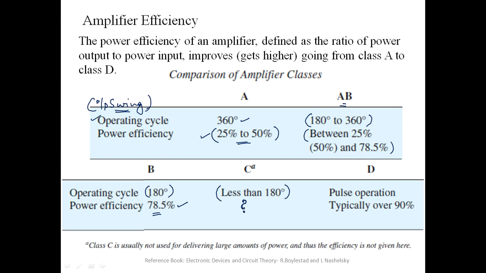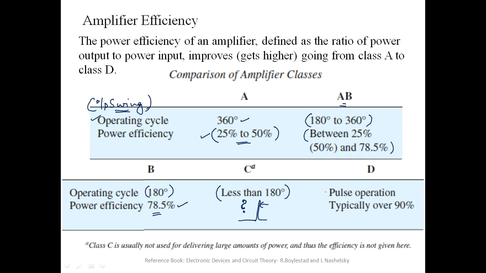Because these class C amplifiers are particularly used in tuning circuits, wherein we focus on the resonance aspect, the peak resonance. For that purpose we are not interested in the efficiency of a class C amplifier, we are only interested in its tuning nature.